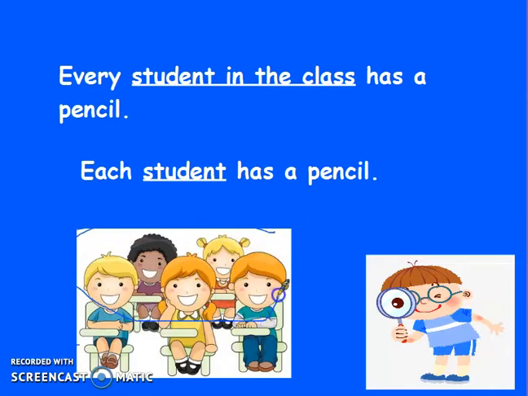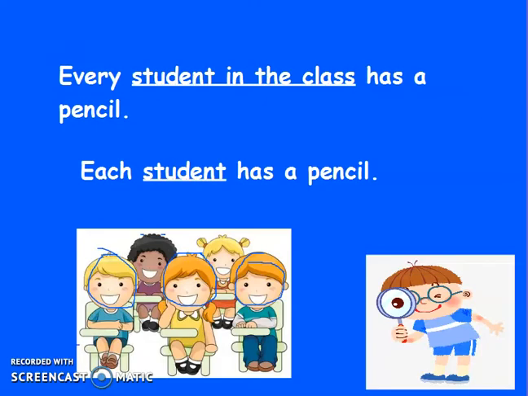What about each? Each student in a class has a pencil. Now, can you answer me what is the difference between every and each?